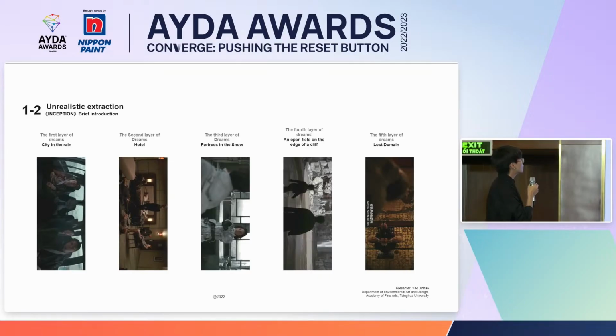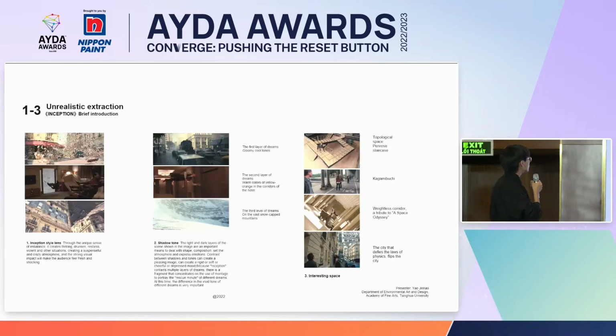We divide the film into five main stages based on the five layers of dreams and the relationship between dreams nested layer by layer in the film. We have also incorporated many classic artistic techniques from the film, such as the style shots, the way they shape the tone of different dreams, and the use of many interesting space techniques like mirror abyss and weightless corridors.